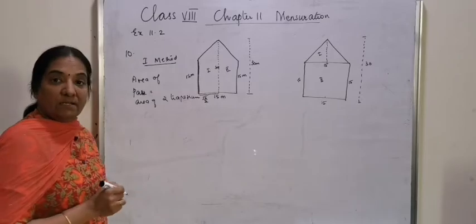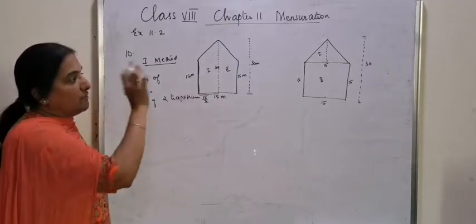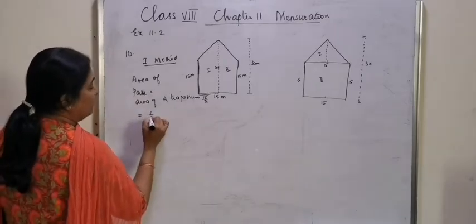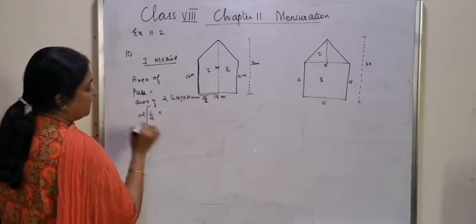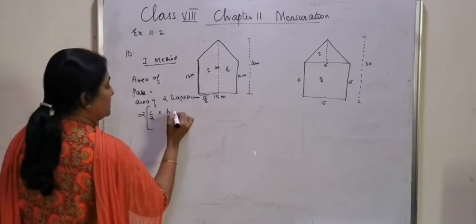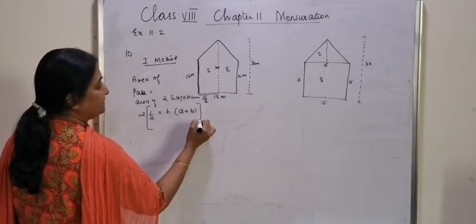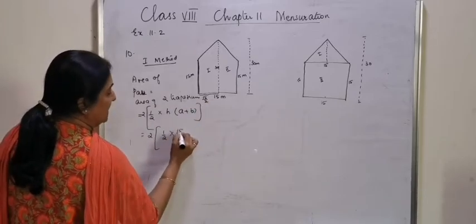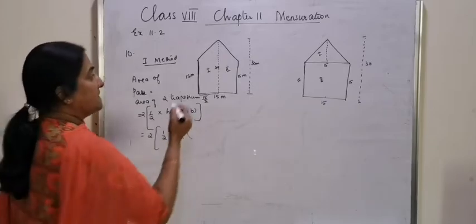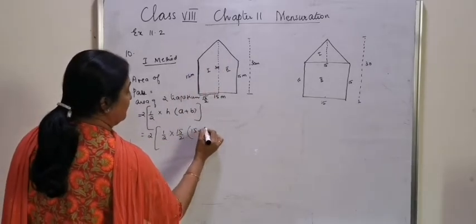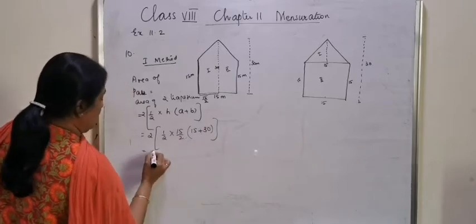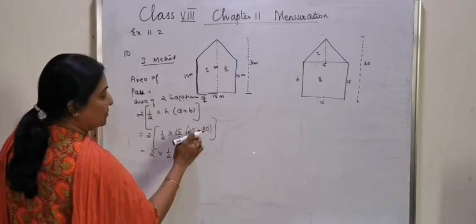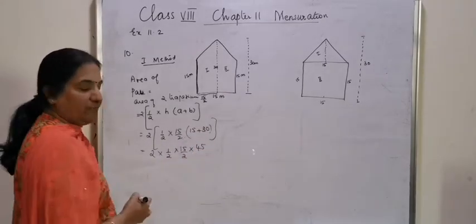Since the areas are equal, we can only find the area of one trapezium and then multiply by 2, which is equal to 2 times half into h into a plus b, 2 into half into height, which is 15 by 2, into the sum of the parallel sides 15 plus 30, which is 45.